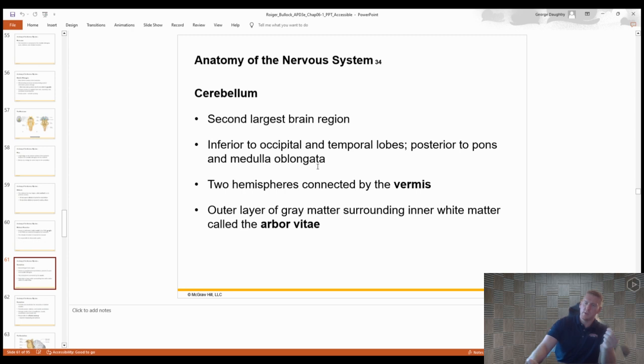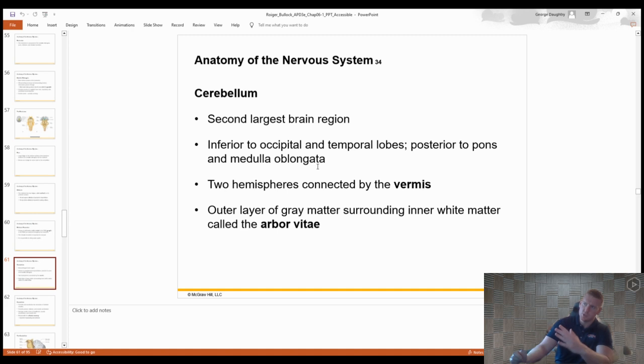Okay. Next, we get to the cerebellum, which is the big posterior protrusion on the other side of the brainstem. Okay. And this is the second largest brain region, a very large portion of the brain. And this is inferior to the occipital lobe and temporal lobes and posterior to the pons and medulla oblongata.